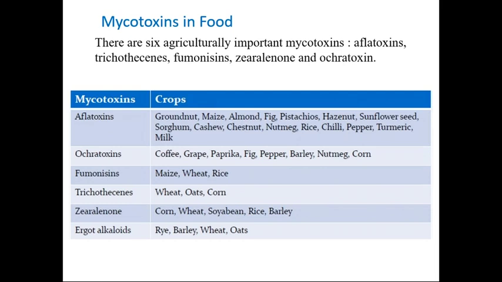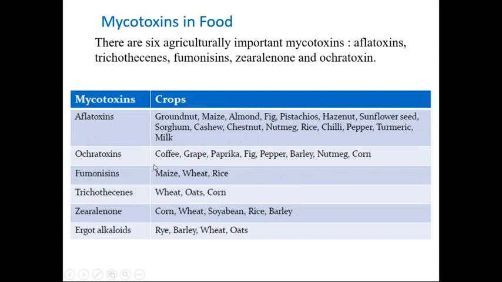So the crops which are generally contaminated with these mycotoxins are peanut, maize, almond, fig, most of the nuts, the seeds, and you will see that even rice and chili powder. Aflatoxin comes into milk because the cow's feed contains a large amount of aflatoxin B1, B2, G1, and G2, and that gets converted into aflatoxin M1.